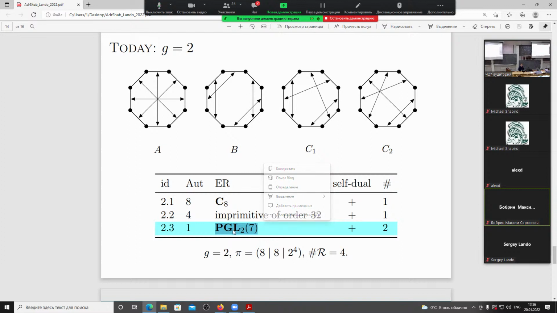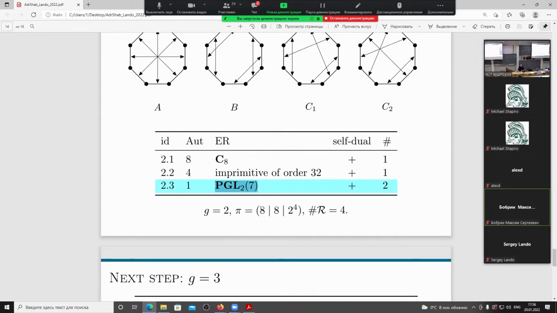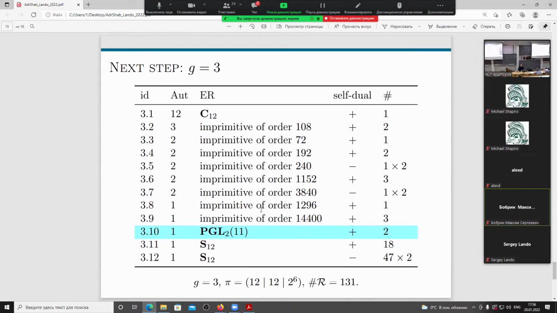The monodromy group of the Fried function actually is, I think, the alternating group of degree 7. But these two graphs have such a nice edge rotation group. And here is the table for genus 3.